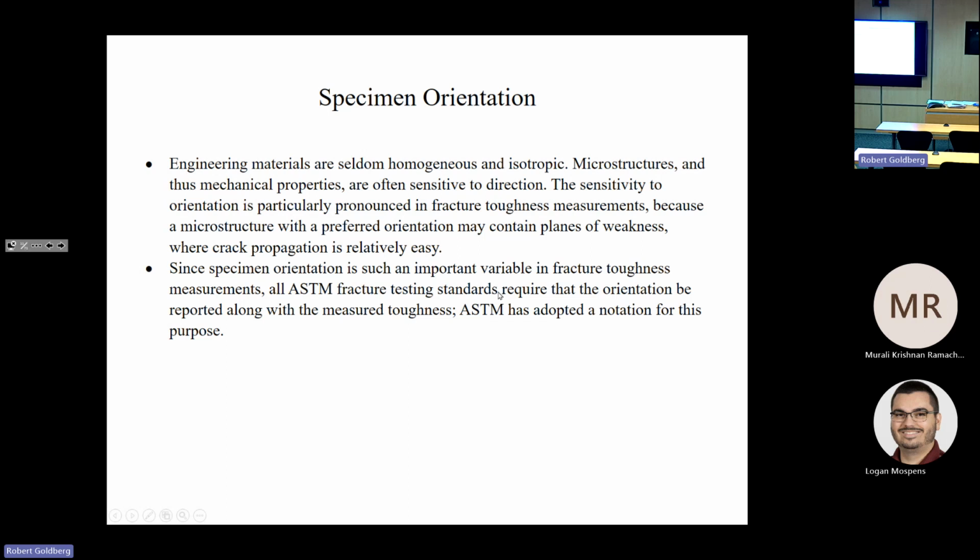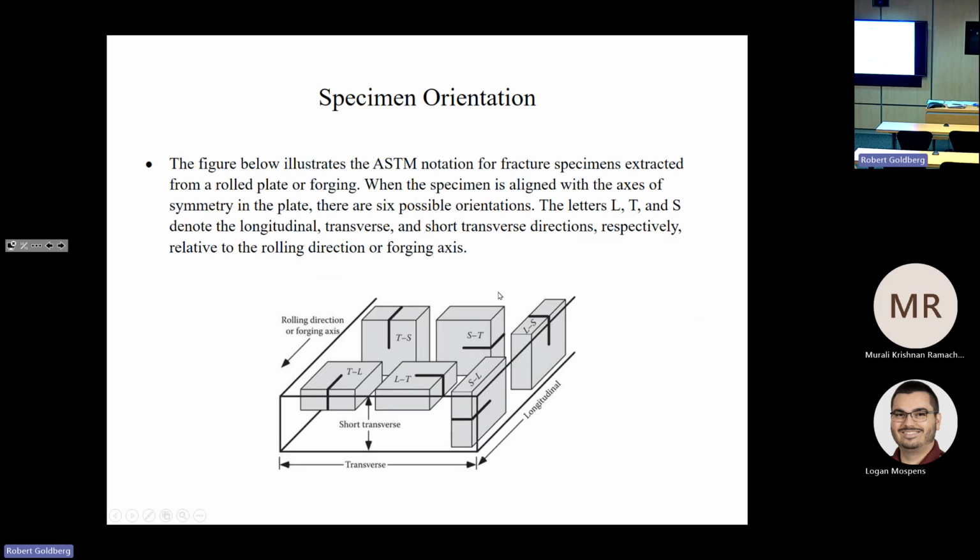And like anything official, ASTM has adopted a notation for this purpose. So here, this figure has the ASTM notation for fracture specimens extracted from a rolled plate or a forging. So you see here the rolling direction or the forging axis is kind of outside the plate. And that's considered the longitudinal direction.